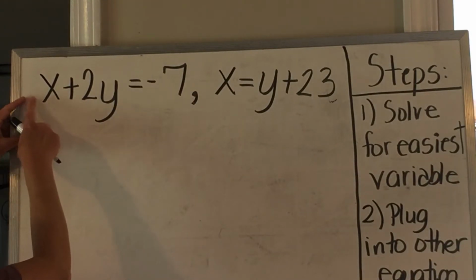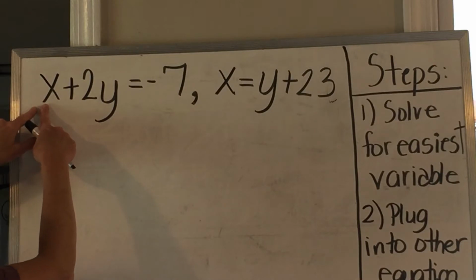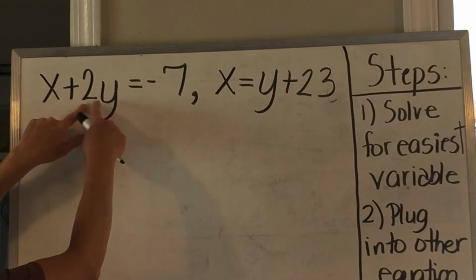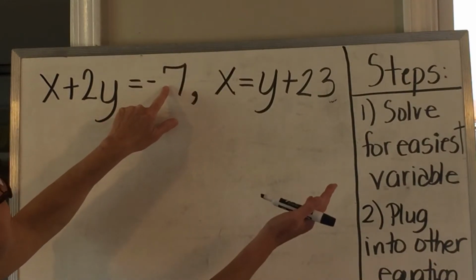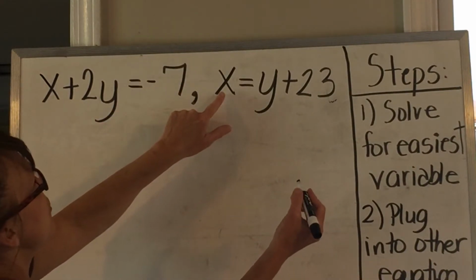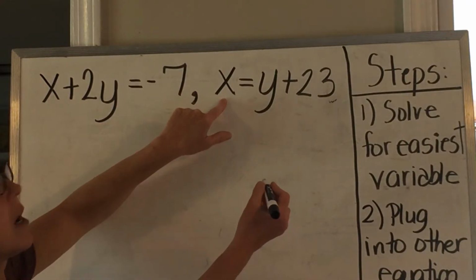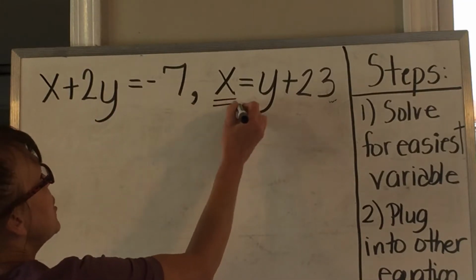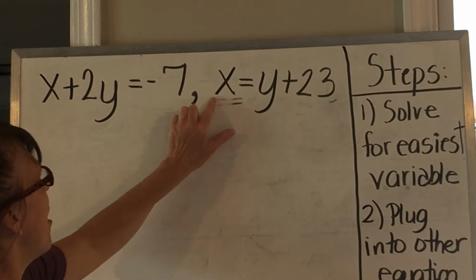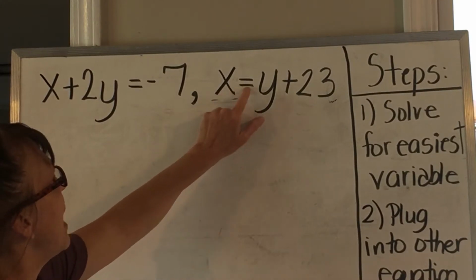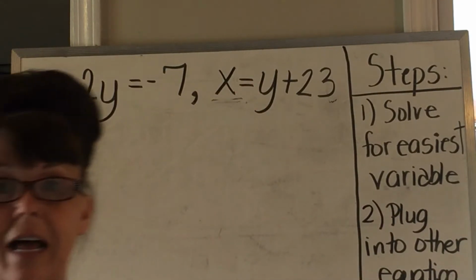X doesn't have a number, so this will be easy right here. Y would not be easy because you got a number in front of it. This doesn't even have a variable. This one right here, it's already solved for. And you go, how do you know it's already solved for? Because right behind it is an equal sign.